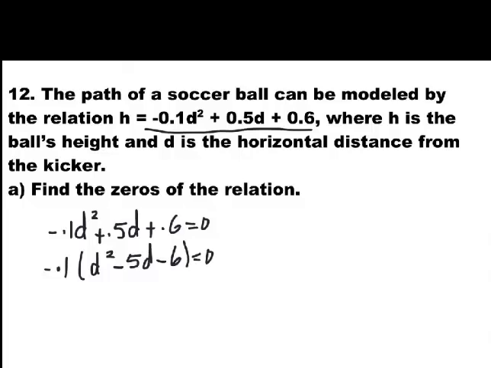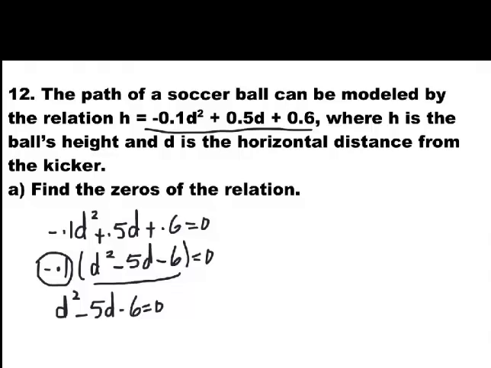The product of the two numbers is 0, so either this has to be 0, which can't be, so this has to be 0. So d squared minus 5d minus 6 is equal to 0. I can either use the quadratic formula or factoring. I try to use factoring. There is no common factor. The leading coefficient is 1, so I can use sum and product.